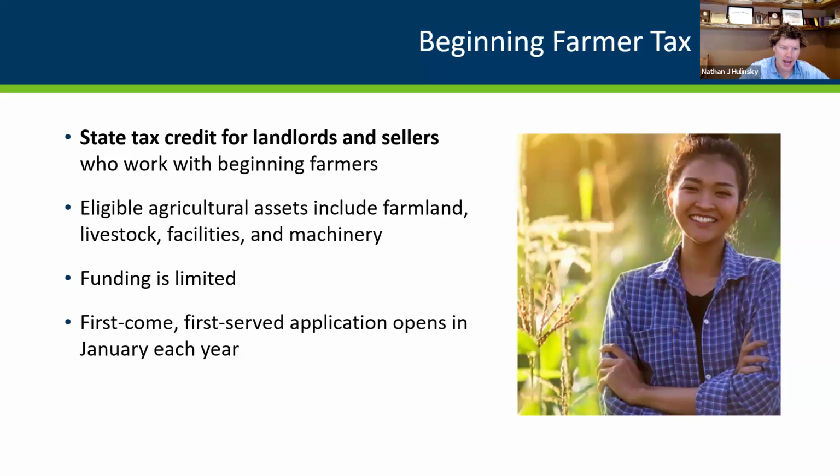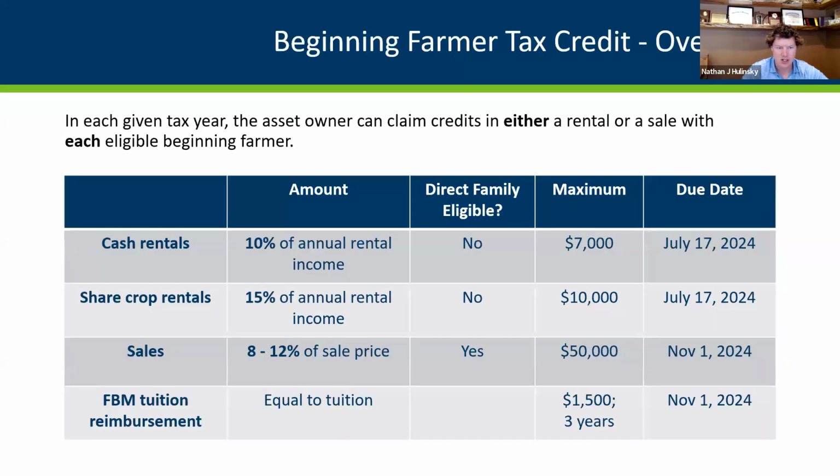Eligible assets include farmland, livestock, facilities like buildings, and machinery. Funding is not unlimited, so get on this. It's first come, first serve. It's open in January each year. There may not be much left for this year.